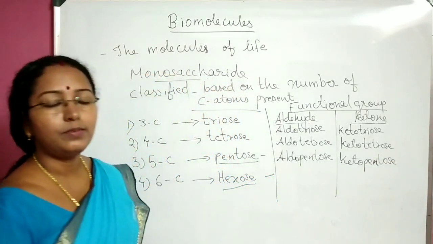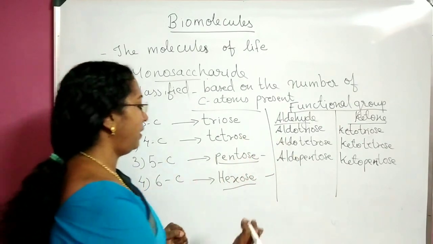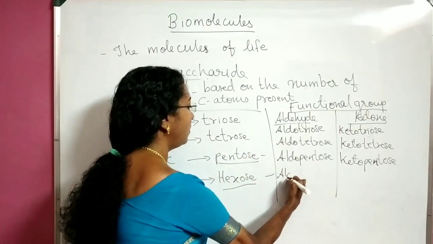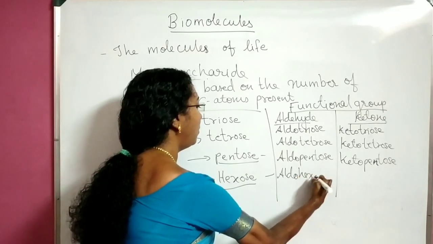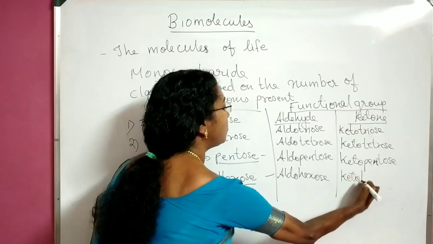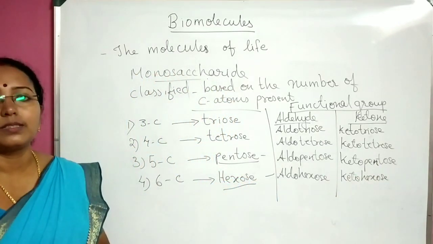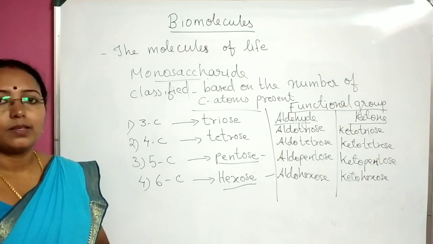Very simple. Just write the functional group followed by the number of carbon atoms. Hexose also: aldohexose, and with ketone, it is ketohexose. So as simple as that, very simple it is to learn. Okay.